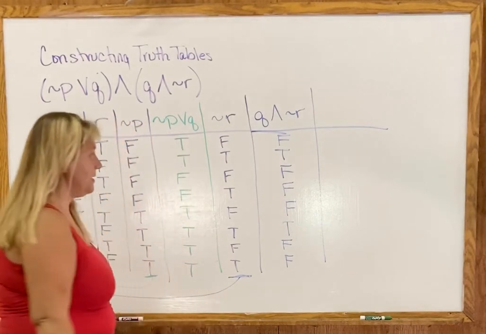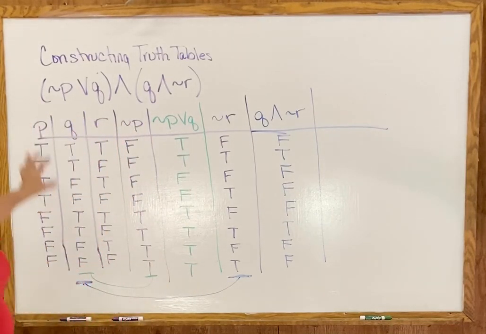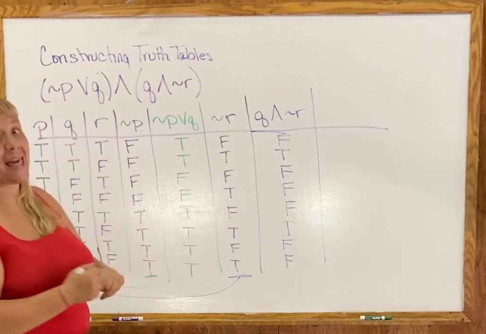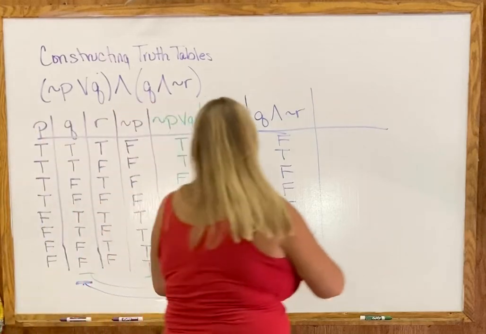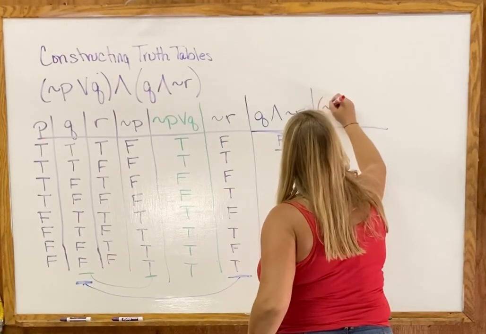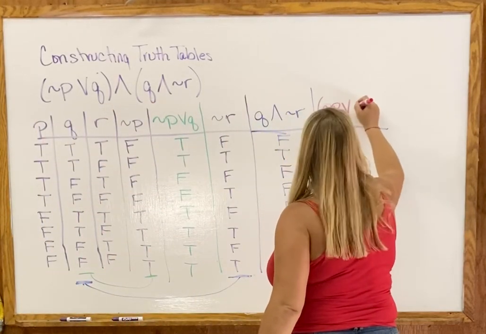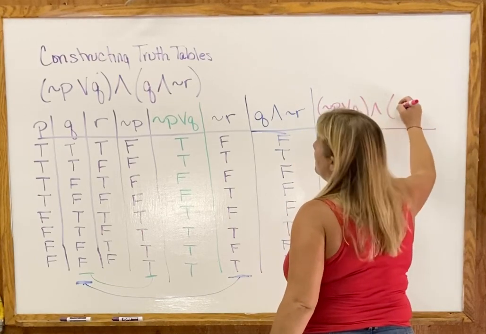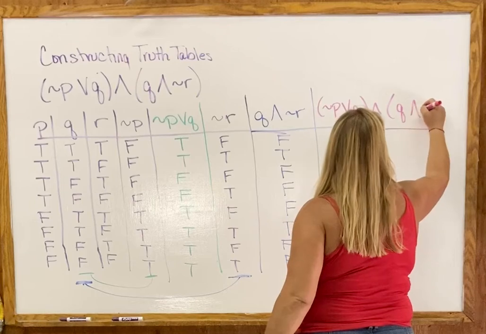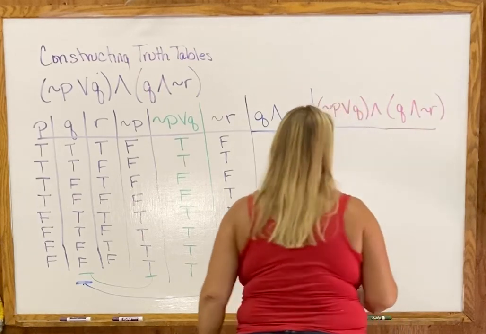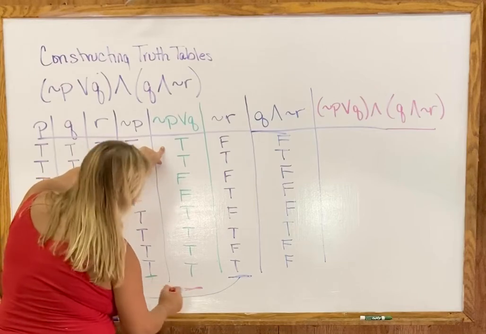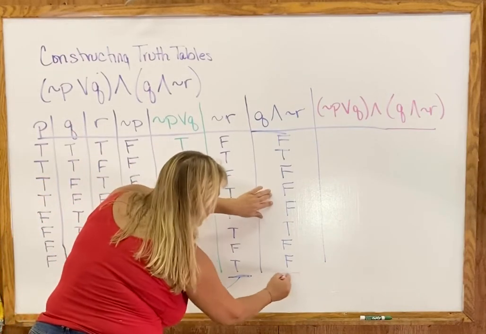All right, now we've got one more column. We've done this parenthesis, we've done that parenthesis. Now we need to AND them together. So we've got not P or Q and Q and not R. So this time it means we're going to take this column here and this column here.